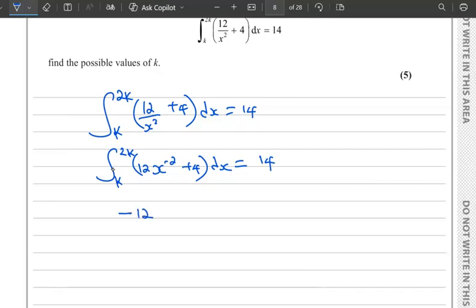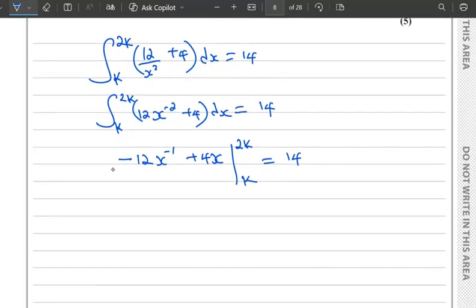negative 12 x raised to negative 1, of course plus 4x, from k to 2k equals 14.